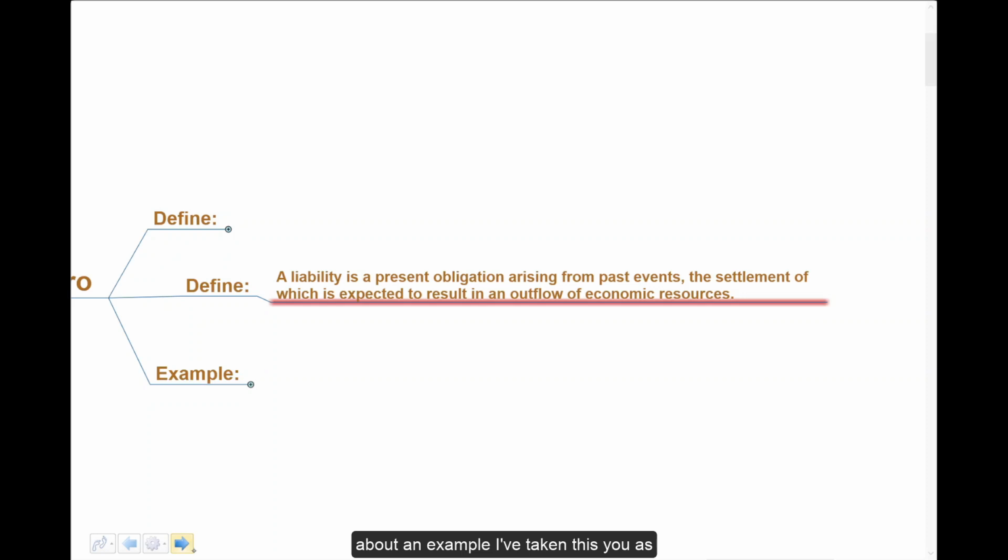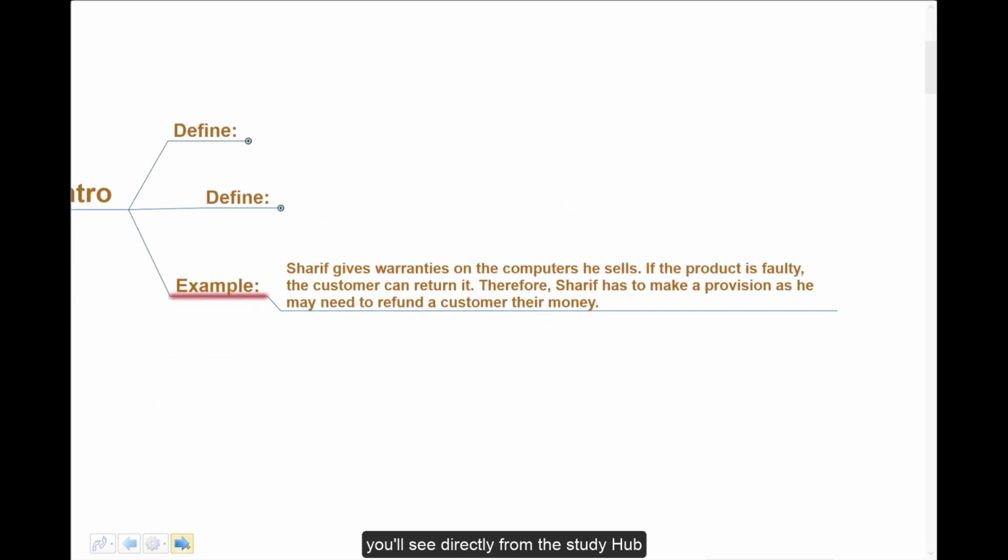What about an example? I've taken this, as you'll see, directly from the study hub. We have an individual called Sheriff. He gives warranties on the computers he sells. If the product's faulty, the customer can return it. Therefore, Sheriff has to make a provision as he may need to refund the customer their money. There is a possibility that a given computer will be faulty.